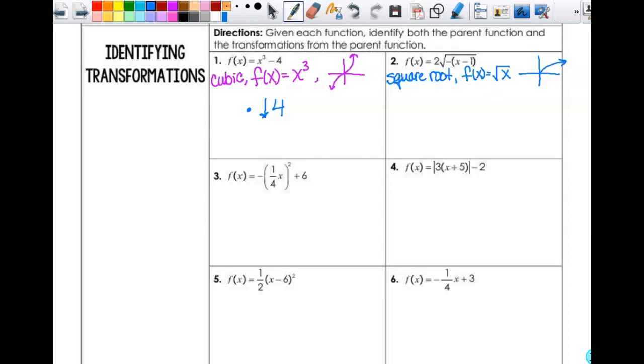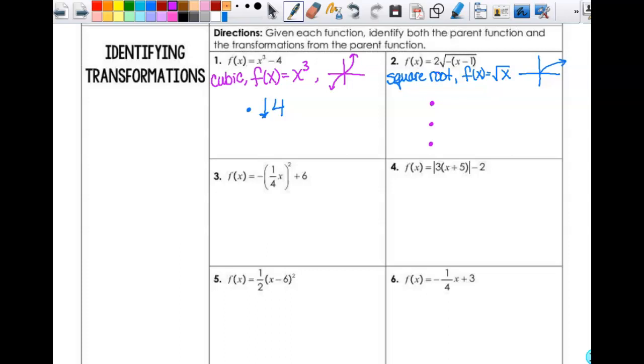Okay, so now let's look at how many transformations I have. I have the 2, I have the negative, and I have this negative 1. So there's 3. So I'm going to put 3 little bullets here so I know that there's 3 things that I got to figure out. This 2 is, first of all, being multiplied, which means it's either a stretch or a compression. I need to figure out if it's vertical or horizontal.